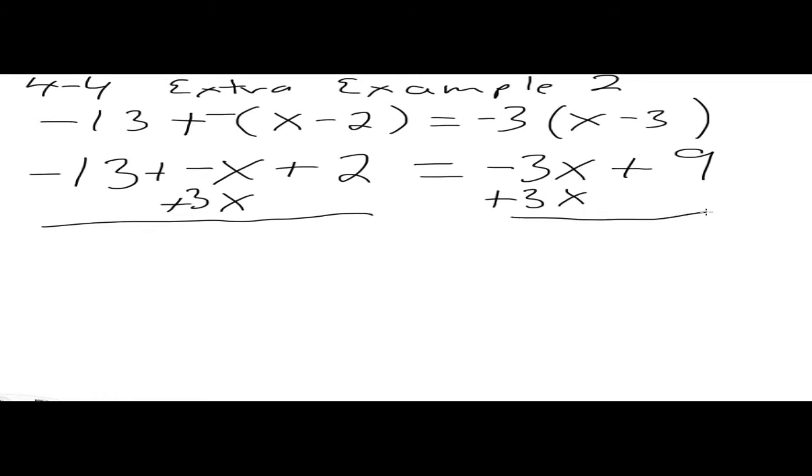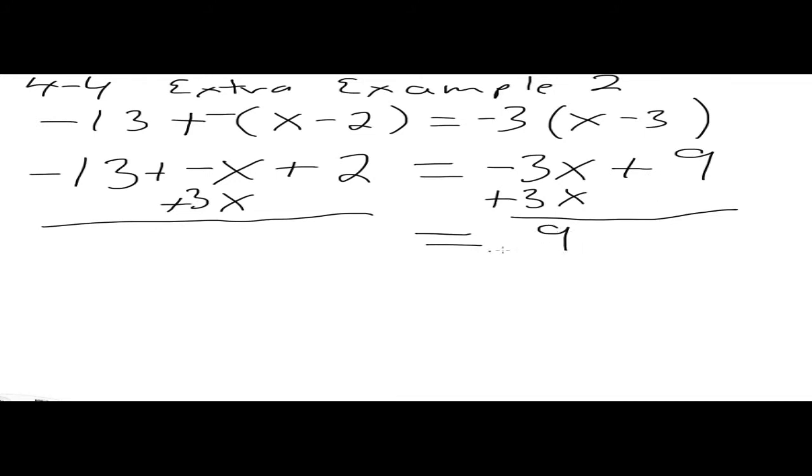Well, it looks like what I should have done too is combine these two together. So I'm going to do that all in one step. I hope I can get it right. Negative 3x plus 3x is 0x plus 9 is just 9.